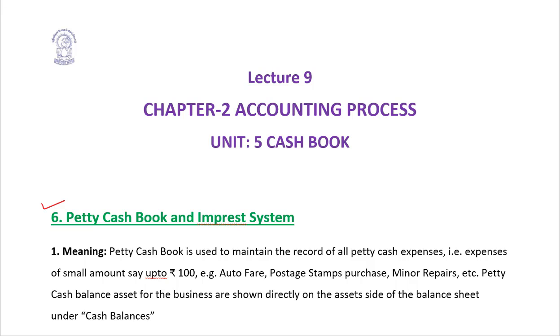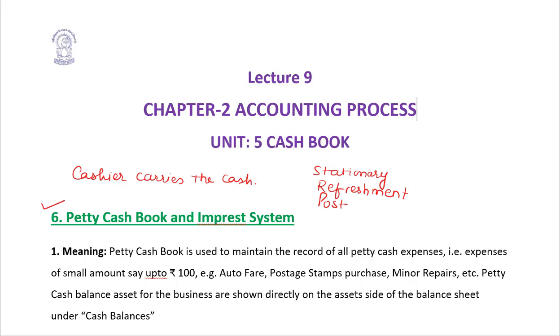Students, what happens is that generally the cashier carries the cash, and we have day to day small expenses, for example stationery, refreshments, postage, telegram, sundries, etc. It is very difficult to account for and to pay for each and every expense every time.